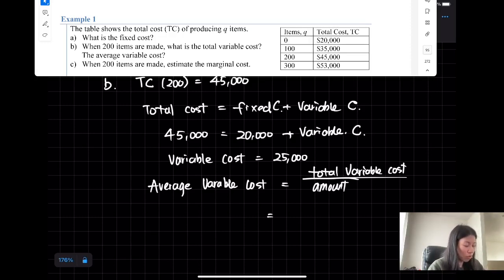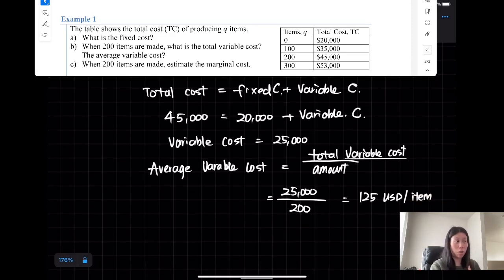The total variable cost should be 25,000, and then the amount we divide by is 200. So I got $125 per item. Be careful about the unit. So on average, each item had a variable cost of $125 if you're making 200 items.